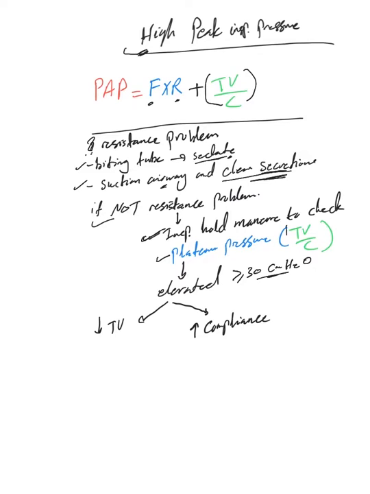and lower the tidal volume. We already explained thoroughly the importance of keeping the tidal volume at 6 to 8 ml per kg in general, and in ARDS keeping it at 6 and sometimes at 5 to help with this issue. And increase compliance.